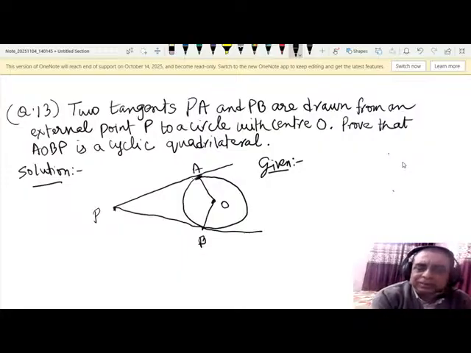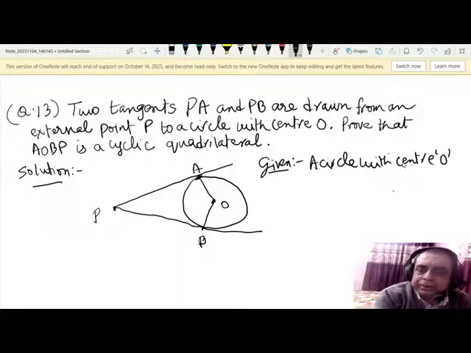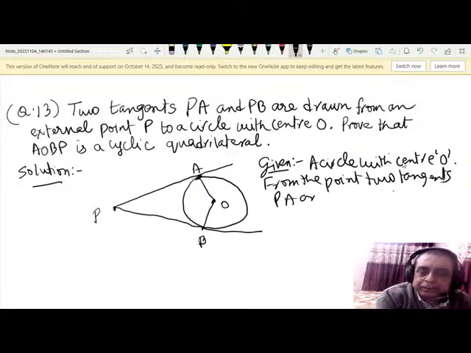So here it is given a circle with center O. Now from the point P, two tangents PA and PB are drawn to the circle.